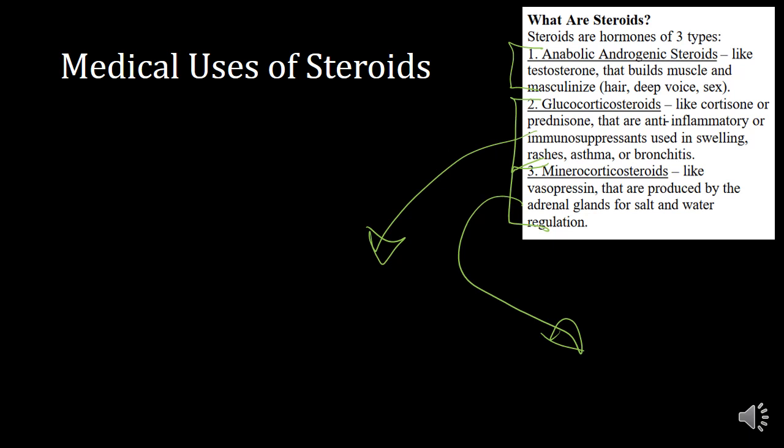So glucocorticosteroids are anti-inflammatory. And they're also immunosuppressants. So if somebody is having a transplant or something like that, they might be on a form of immunosuppression.